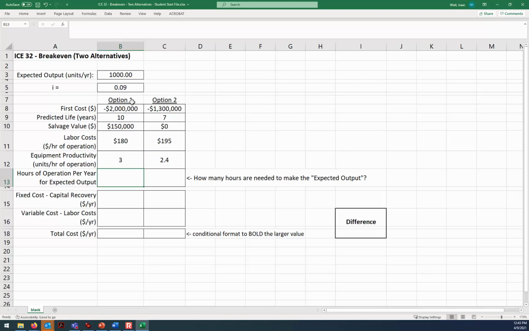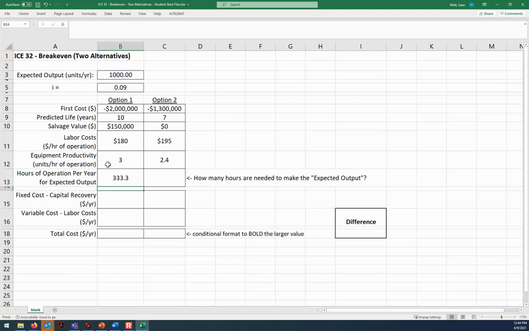Now this first calculation says how many hours are needed to make the expected output. So that's going to be the number of units divided by the productivity. Think about the units here. It's going to be units per year divided by units per hour of operation.